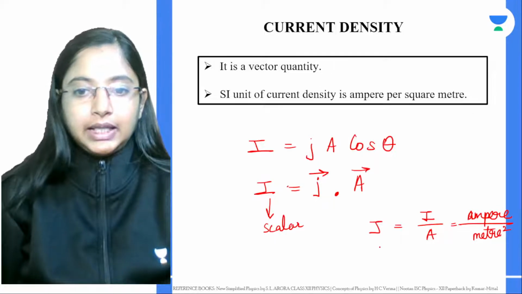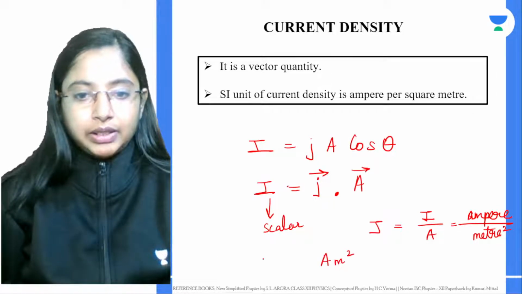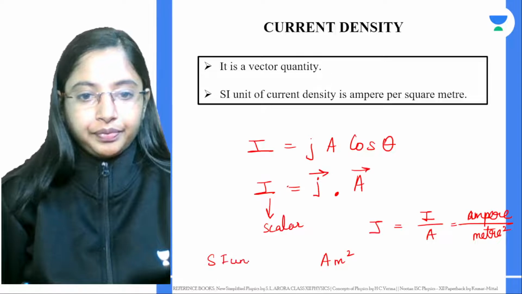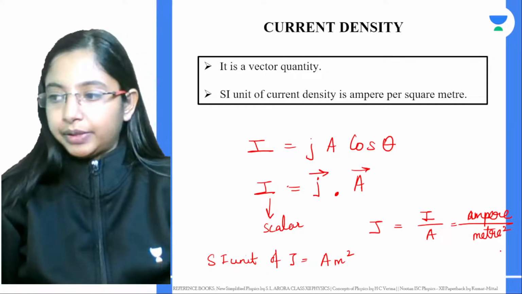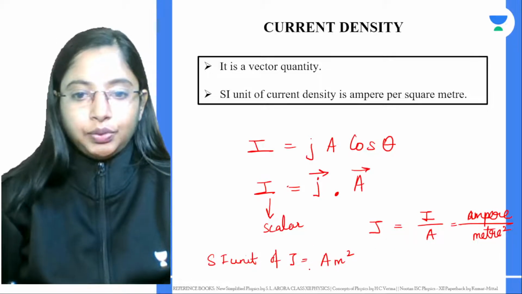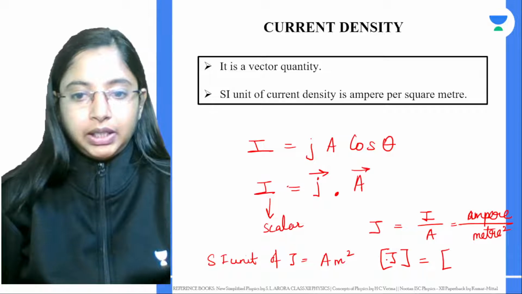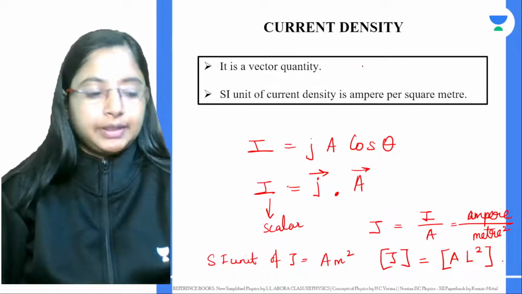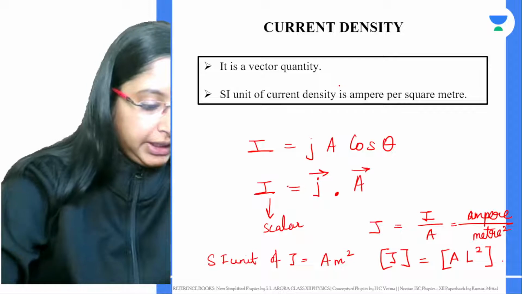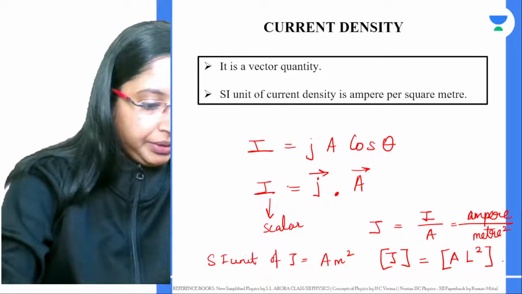So the SI unit of J, current density, is ampere per meter square. If you want to give the dimensional formula of current density, that will be ampere per meter square, given as AL to the power minus 2. So this is about current density. If you have any questions, ask me now, otherwise I'll go ahead.